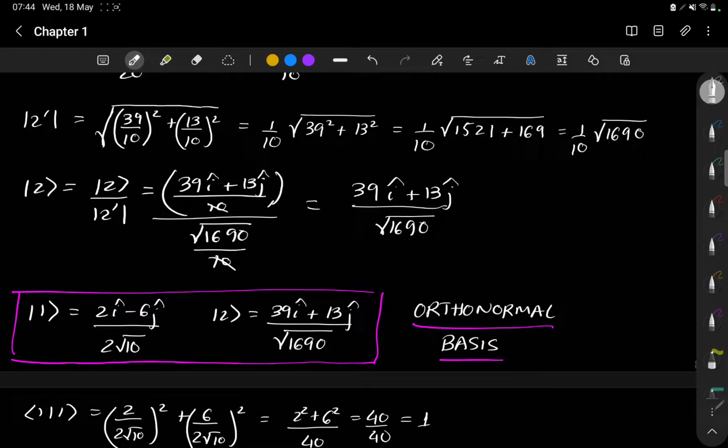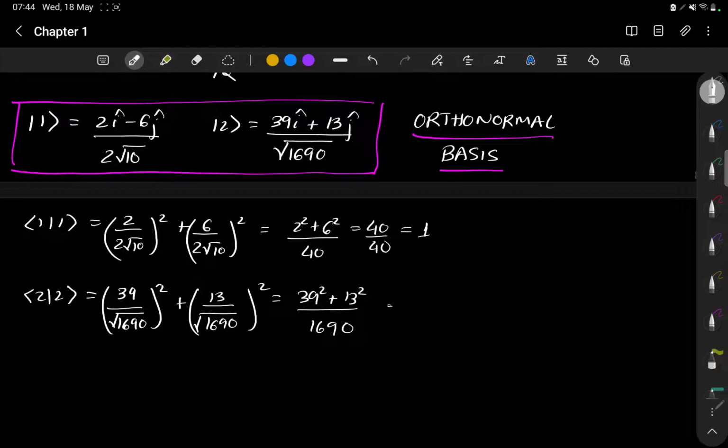So this was giving us 1690. So this is also of unit magnitude.